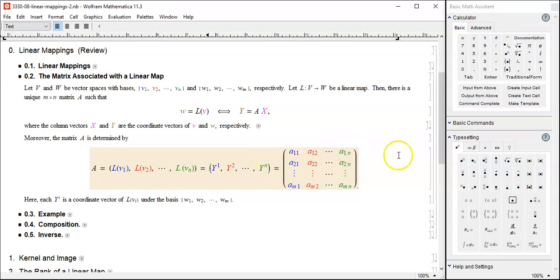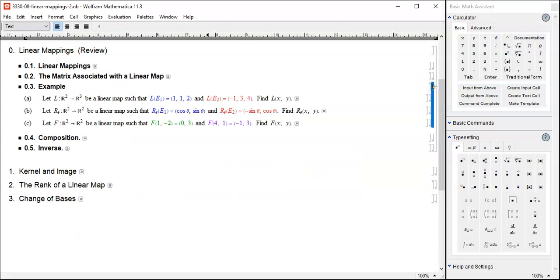And then W is m-dimensional, so the coordinate expressions of each vector in vector space W, including these L of v1, L of v2, L of vn, must have m numbers. So each column has m numbers, so there are m rows. So we have an m by n matrix.